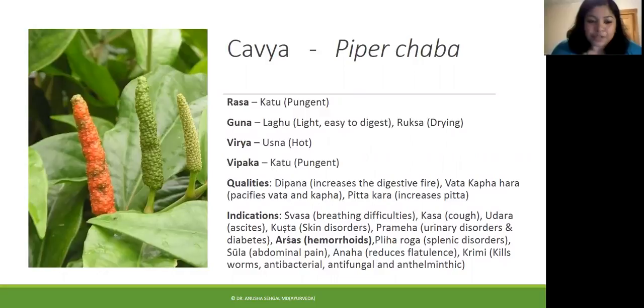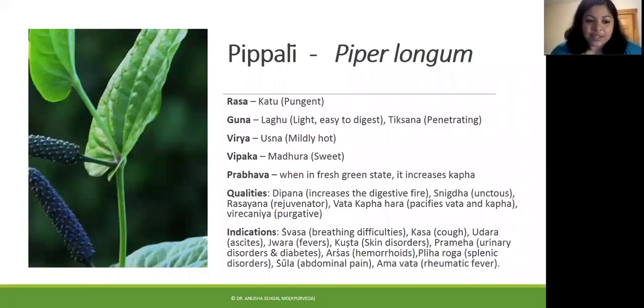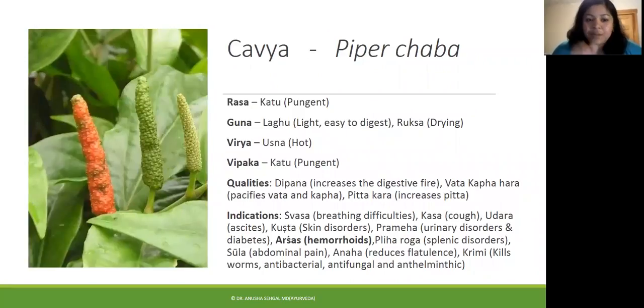If you see the pictures itself, you can see that this one is much more slender and long compared to these that are much more rounded at the base and much thicker. So chavya is in the same family as Pipali and also black pepper, but this is a much more robust, rounder version.